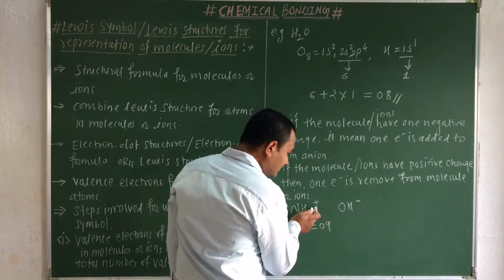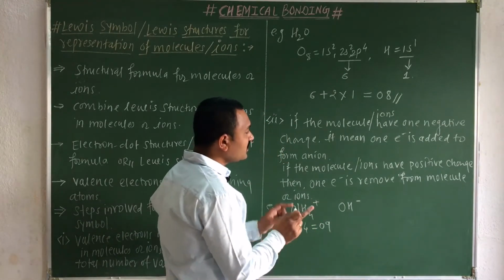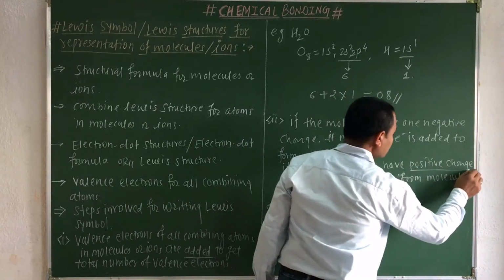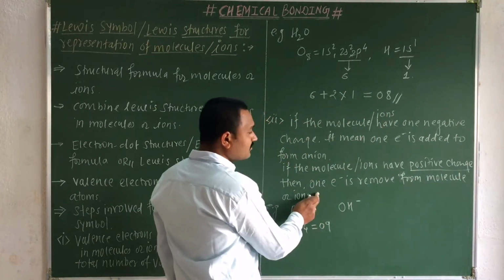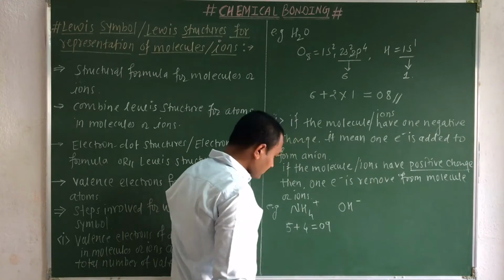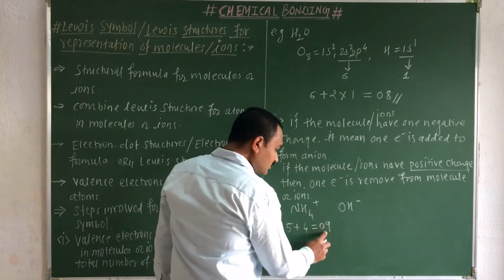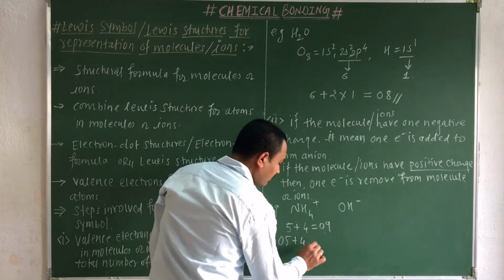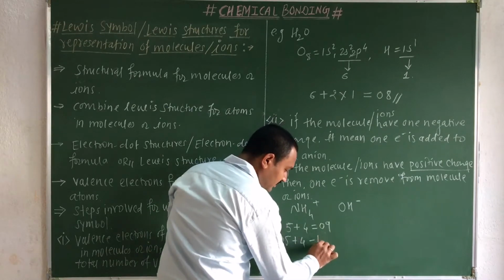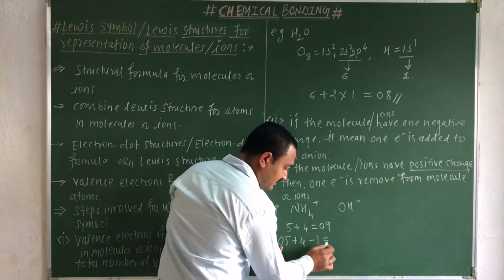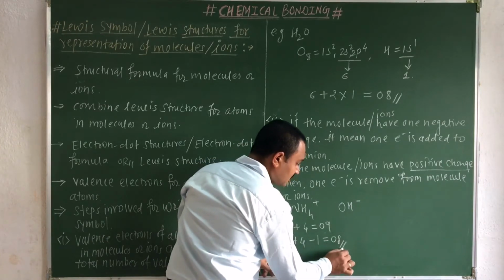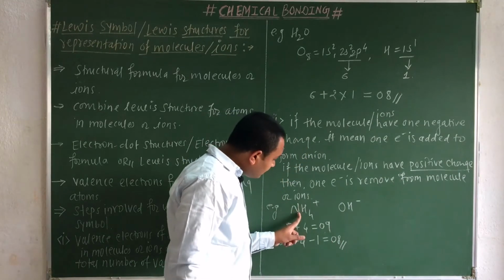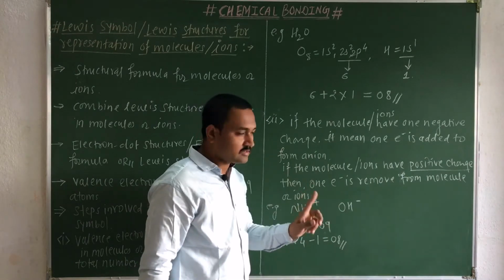But as it has a positive charge, that molecule loses one electron. Here the total valence electrons will be calculated as 5 plus 4 minus 1, which equals 8 electrons. So in the ammonium ion there will be 8 electrons.